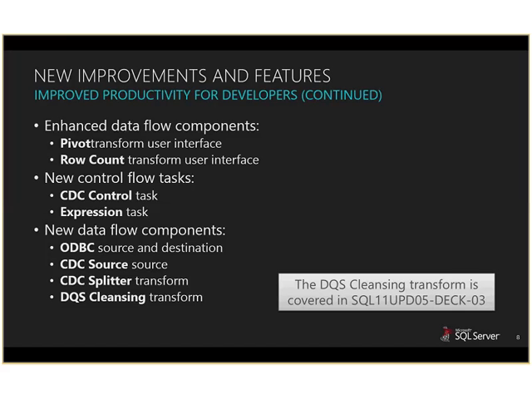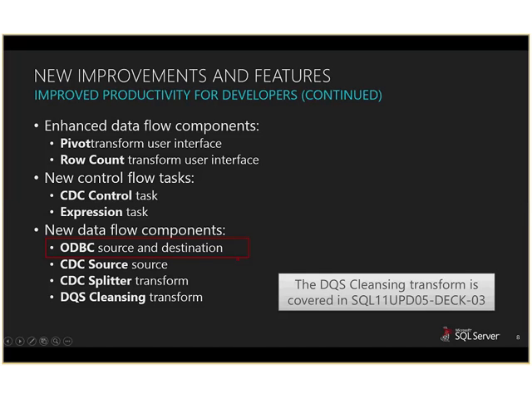Now, I do want to mention there's some new changes. There's some new change data capture and data quality cleansing transformations that you can use. Direct ODBC source and destinations. That's a long time coming. People have been requesting that since SQL 2005.